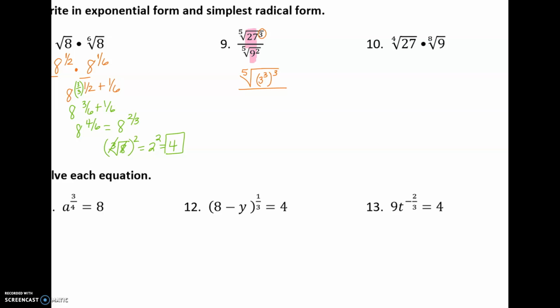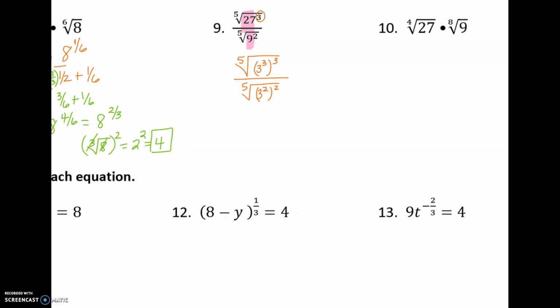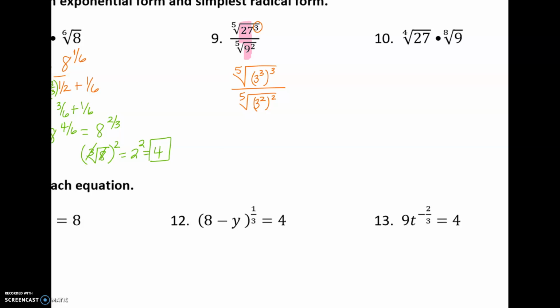It's like a power to a power. I know that 9 also can be made into a base of 3 because it's 3 squared. So now I have 3 squared, right? Because it was 9 squared. All right, I multiply these and I get the 5th root of 3 to the 9th power.